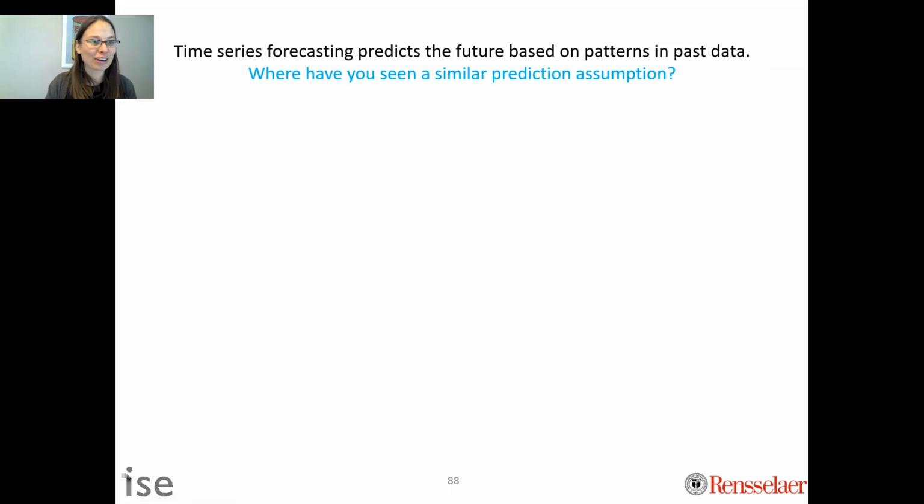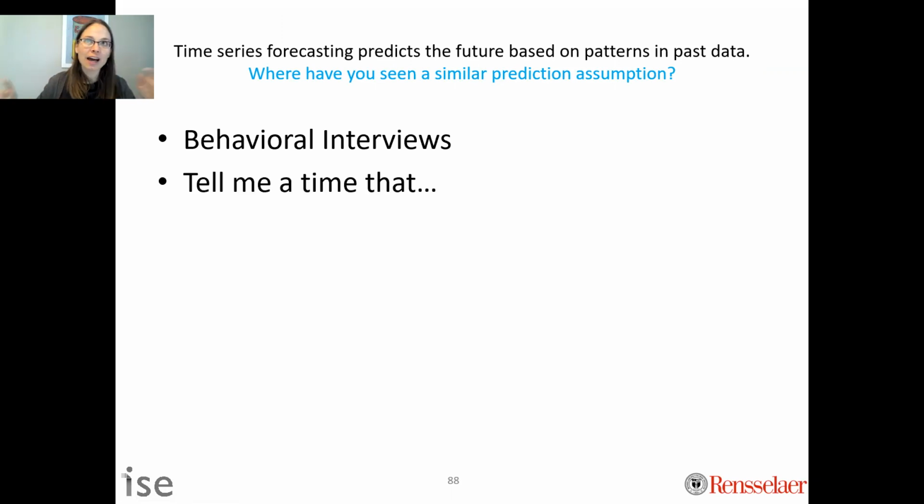I know lots of you are looking for jobs or internships, and maybe you've gotten to what's sometimes called a behavioral interview. They usually say, tell me about a time you worked on a team and how that happened. Why are they asking about that? They're hiring you for the future, so why do they care about the past?